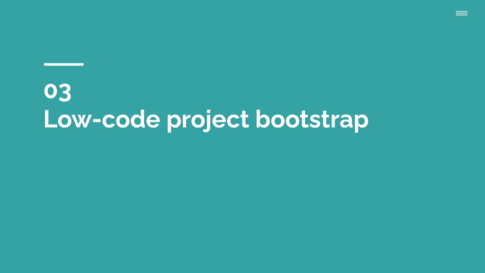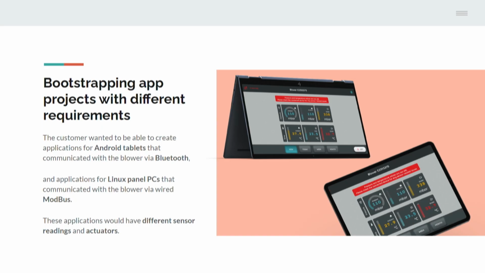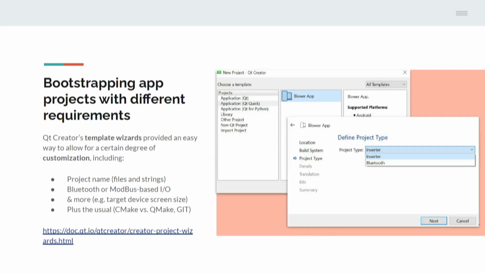Then, when it comes to project bootstrapping, as we saw, there were the Android tablets, the Linux panel PCs, Bluetooth, Modbus. These applications can have different sensor readings and actuators to interact with the blower. So we thought about using template wizards in Qt Creator, which allow you to customize your project when you create a new one.